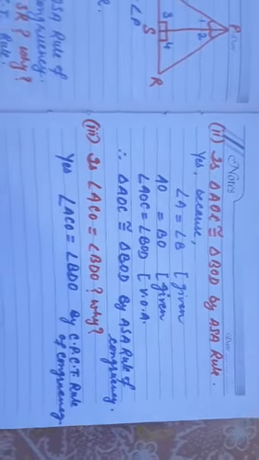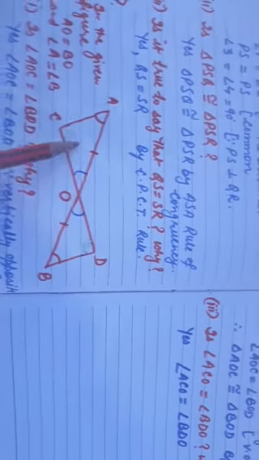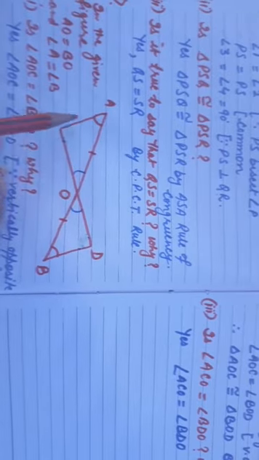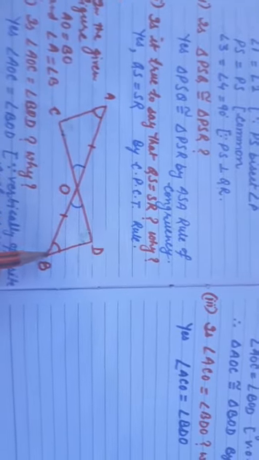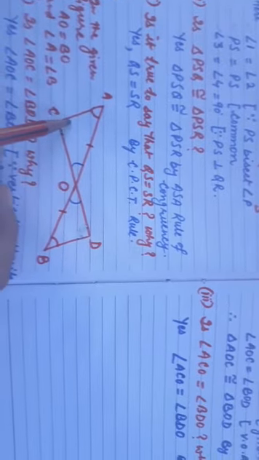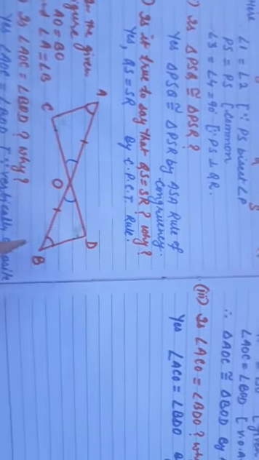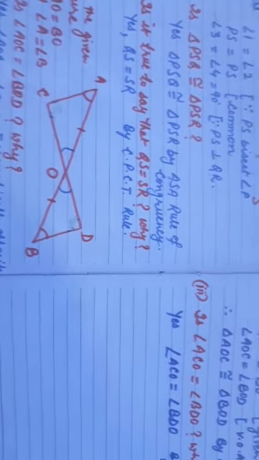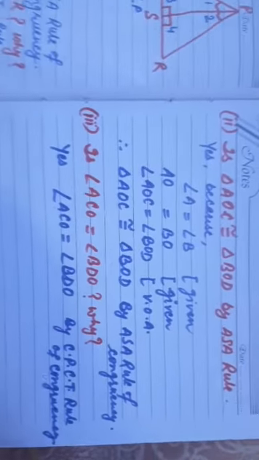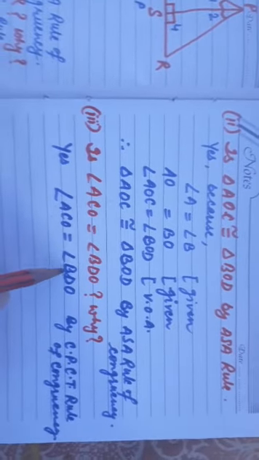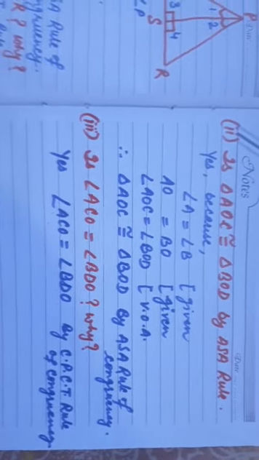These two angles, this angle and this angle, are always equal when triangles are congruent. So this is question number 5.